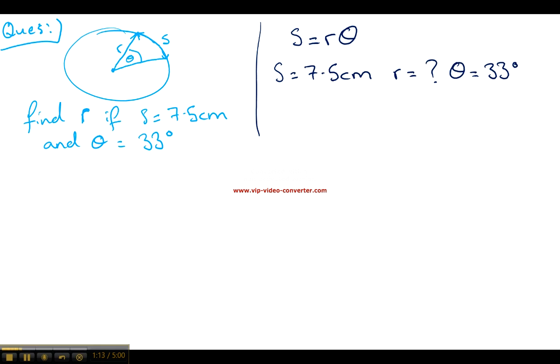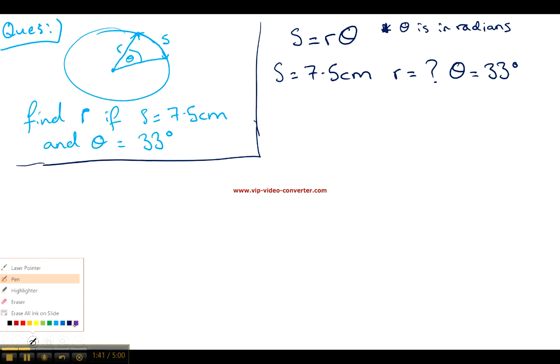But we must also remember that because this formula came from that radian definition, we can only use this formula if theta is in radians. It'll only work for us. So therefore we must convert the 33 degrees into radians, and we can do that through the X conversion method that we've seen before.